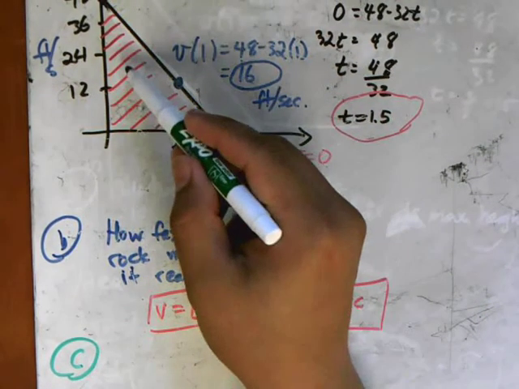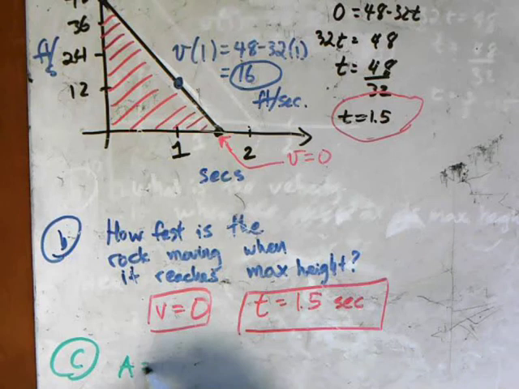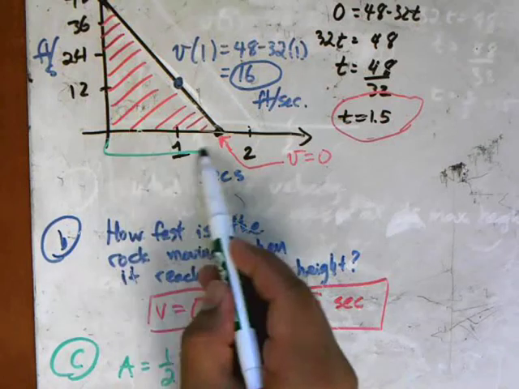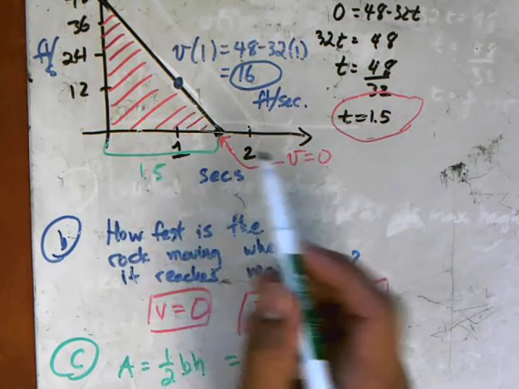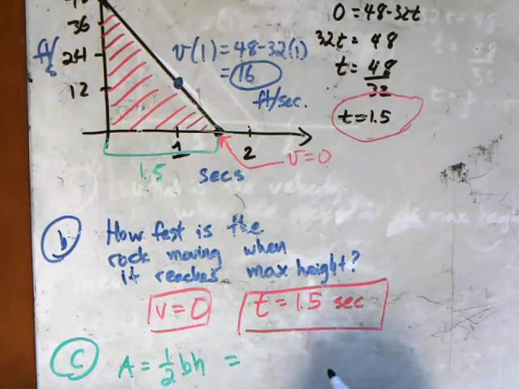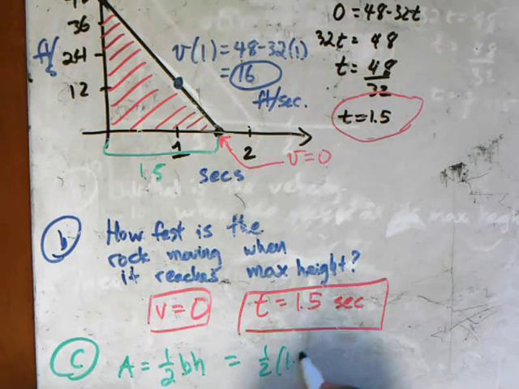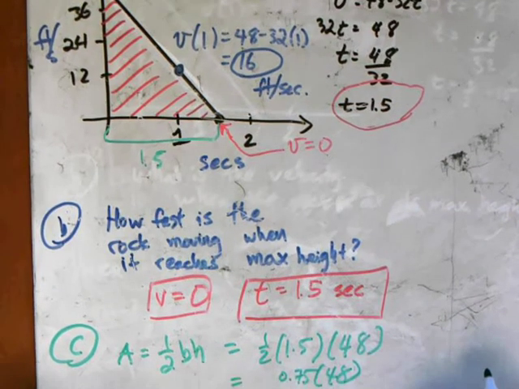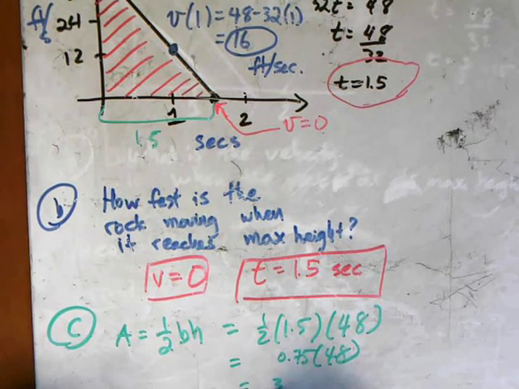Okay, this area right here under the curve. And the area of a triangle is 1/2 the base times the height. Our base in this case is 1.5, from here to here, and our height is 48. So it's 1/2 times 1.5 times 48. This is 0.75 times 48, or 3/4 of 48.